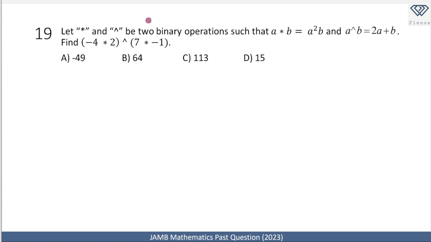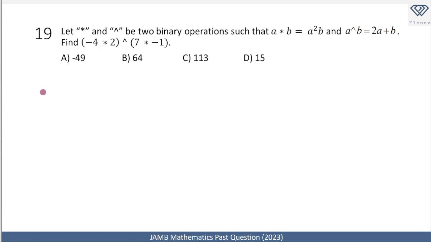Now, if you've not heard of binary operations, I've included a link to what they are in the description, so do well to check that out to get a better understanding. But in summary, what binary operations means is just a way in which you manipulate numbers. So think about it as a formula, meaning that anytime I see a star b, this is what I'm to do. So we're going to apply that logic over here.